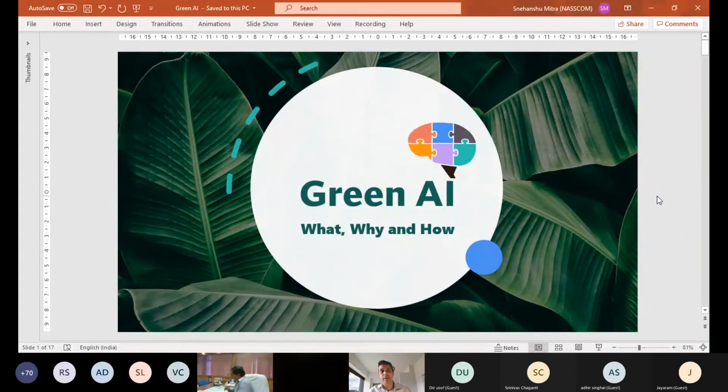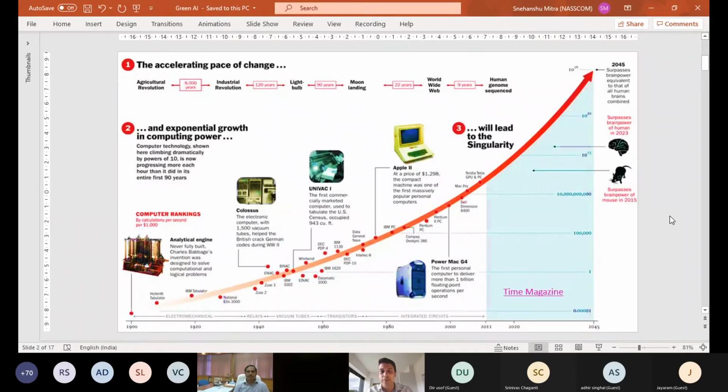So green AI is an emerging topic, and my idea of the next 15 odd minutes would be to give you a sense of all three aspects of what, why, and how, right? I'll probably try and preface my introduction by saying that there's this very useful piece of information that Time magazine shared some time back, and they were very observant of the fact that the world around us is changing tremendously at a rapid pace.